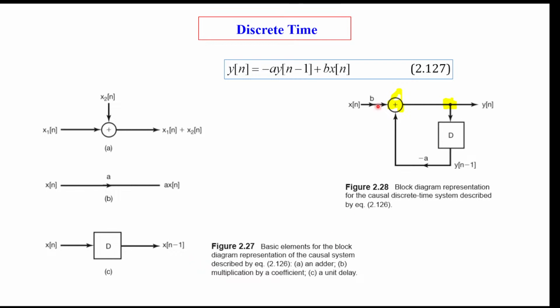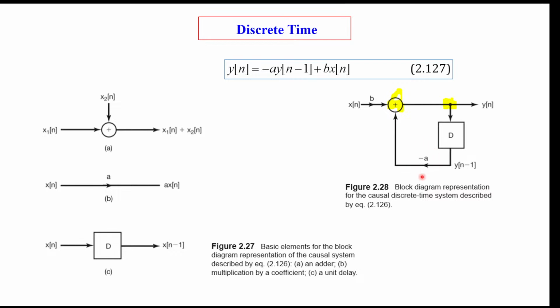And then we see that if we put a feedback loop like this, then this block diagram will have output y of n that's related to input x of n, just like this equation. The two big points are here and here. Here we have a branching. The output is y of n, and this branch is still y of n, and then this y of n gets delayed to be y of n minus 1.